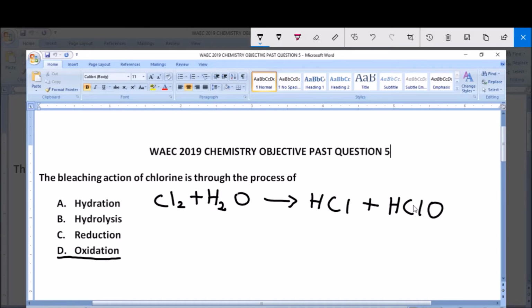Now, hypochlorous acid further disintegrates due to the fact that it is very unstable. So hypochlorous acid disintegrates into hydrochloric acid and oxygen.